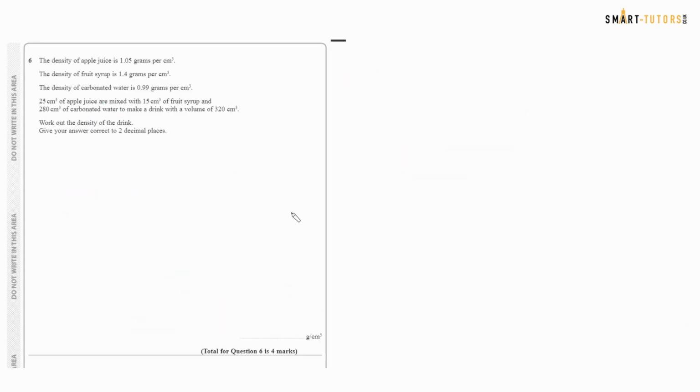Question number 6. The density of apple juice is 1.05 grams per centimeter cube. The density of fruit syrup is 1.4 grams per centimeter cube.